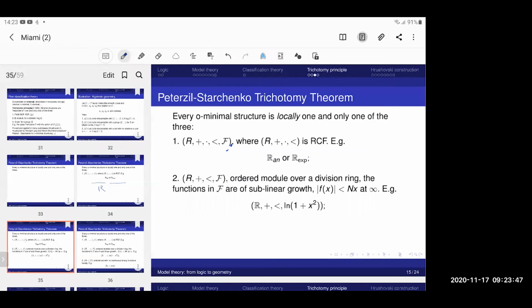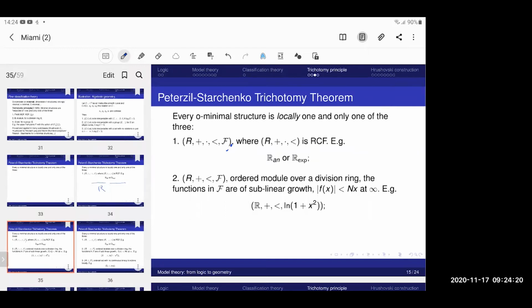So the second case is that apart from this f, you have an ordered module over a division ring. So, for example, over Q, which gives you an ordered divisible group, and then the condition on functions must be that they are of sublinear growth.